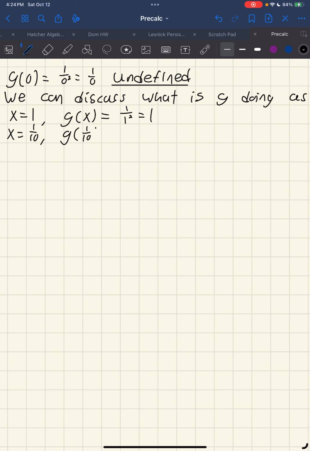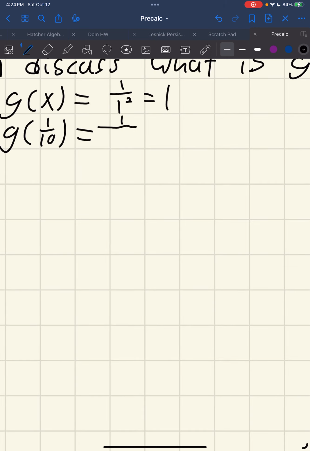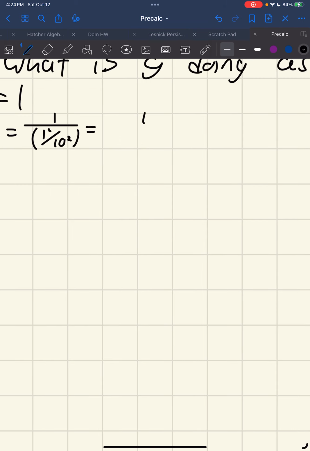Well, g of 1 over 10 will be 1 over 10 squared, which is the same as, if you were paying attention in the first week when we went over fractions, exponents, all that fun stuff, 1 squared over 10 squared, or just 1 over 100. And by keep, change, flip, this will be 100.